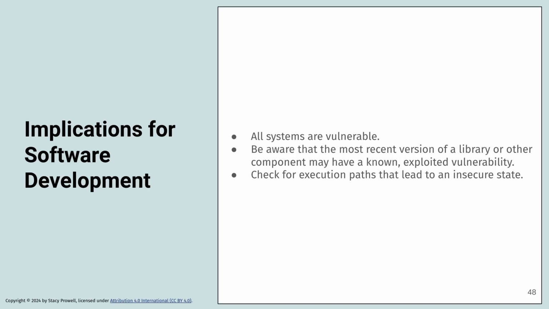Or maybe there's a vulnerability because the most recent, highest patch level, just downloaded fresh off the internet, good to go version of a library contains a known and exploited vulnerability. Could that happen? It could absolutely happen.